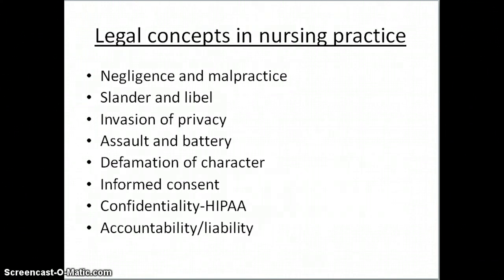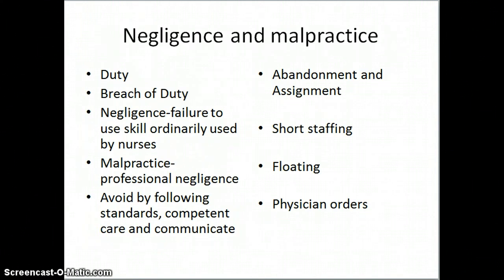As we look then at some of our legal considerations in nursing practice, they are talked about in chapter 23 on page 301 and 302 as intentional or unintentional torts. Our negligence and malpractice. Negligence is failure to do something that an ordinary nurse would be able to do, where malpractice is professional negligence, not doing something that we should have done.